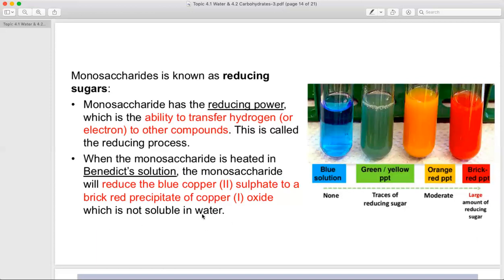Okay, which is not soluble in water. So, untuk silibus biology, cukup sekadar awak tahu the Benedict solution, bila kita heat dengan monosaccharide, dia akan reduce the blue copper 2 sulfate, blue copper 2 kena mention, kepada copper 1 oxide, which is dalam bentuk brick red precipitate.